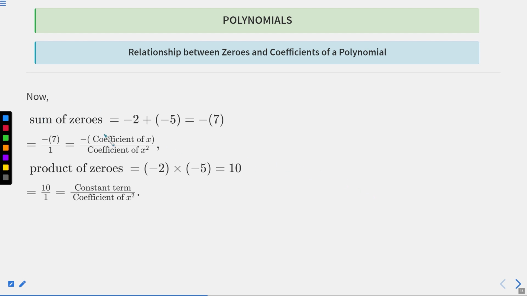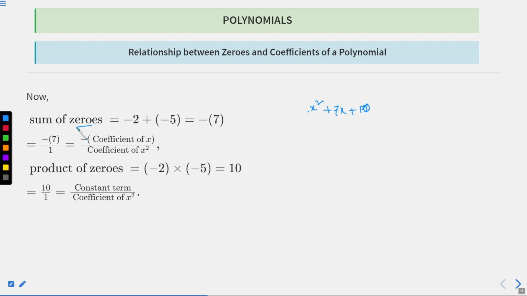Sum of zeros is minus 2 plus minus 5, which is equal to minus 7. In the quadratic polynomial x square plus 7x plus 10, the coefficient of x square is 1, the coefficient of x is 7 and the constant term is 10.